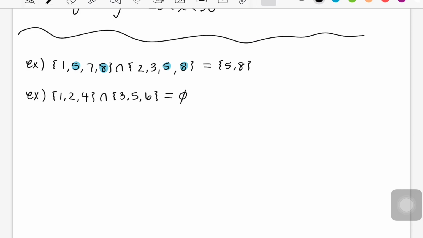So we say that the intersection of these two sets is equal to this notation here, which is a 0 with a slash through it, and that's what's called the empty set or the null set. Now, you might see some examples like this on your homework, and so this is a fine answer to put. We're just going to use this notation in this class and with MyLab math.